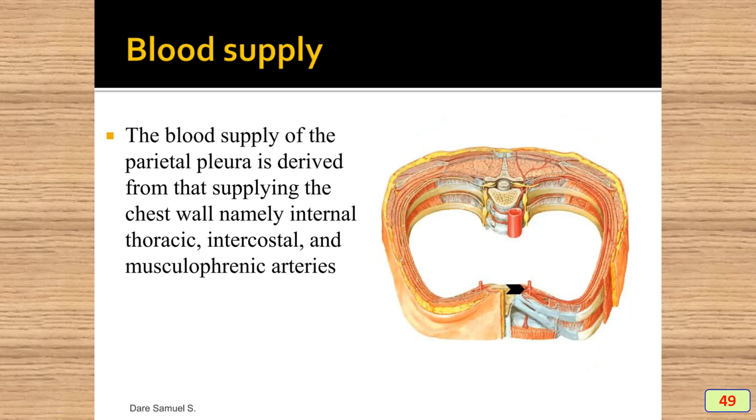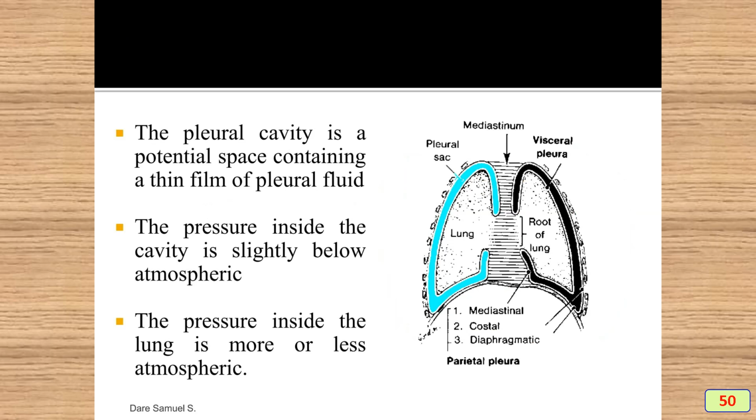The pleural cavity is a potential space containing a thin film of fluid.